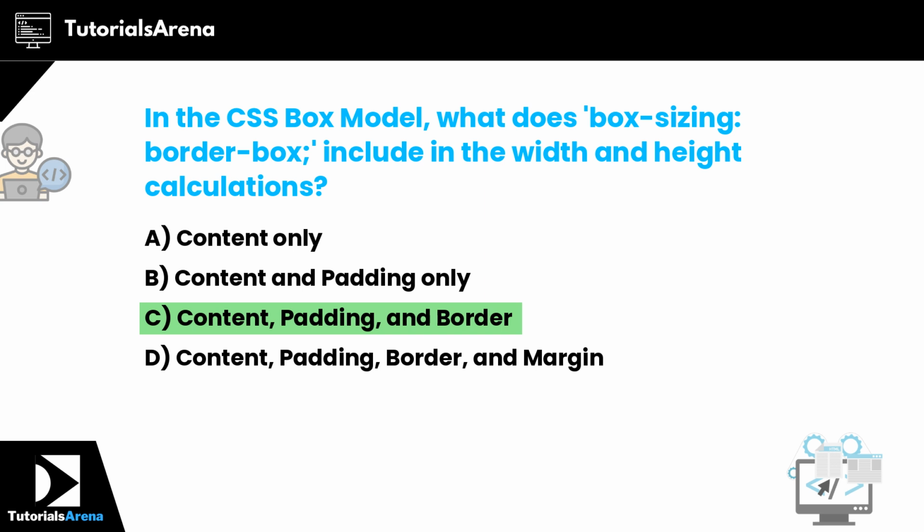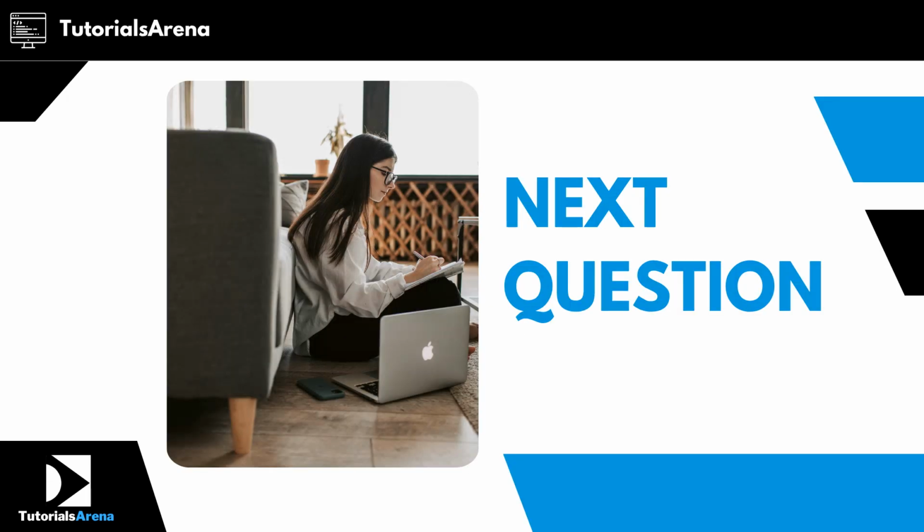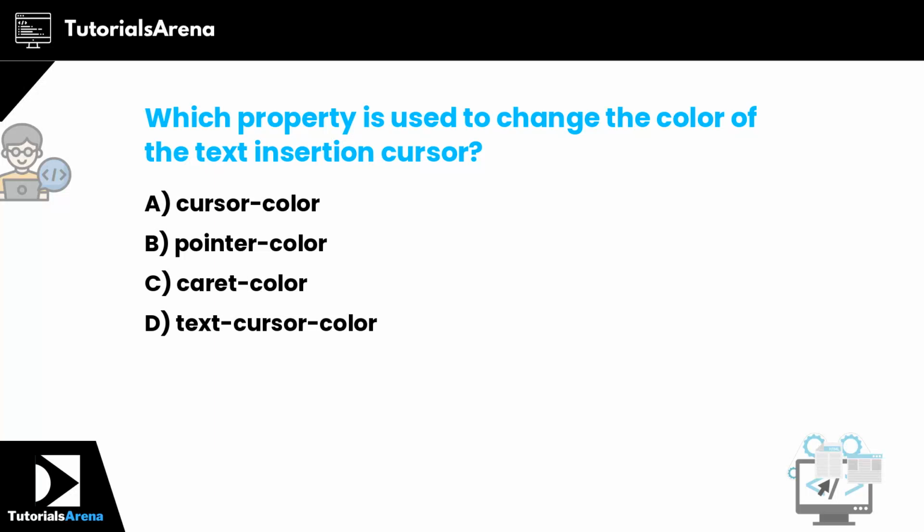The correct answer is option C, content, padding, and border. Which property is used to change the color of the text insertion cursor? The correct answer is option C, caret-color.